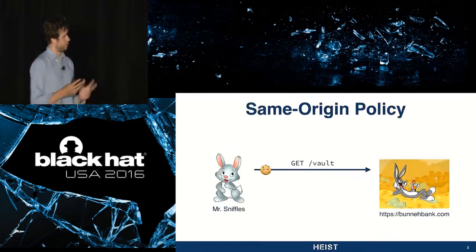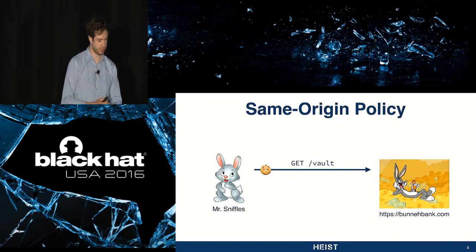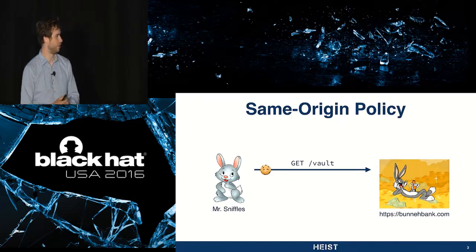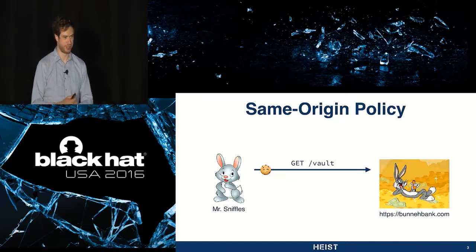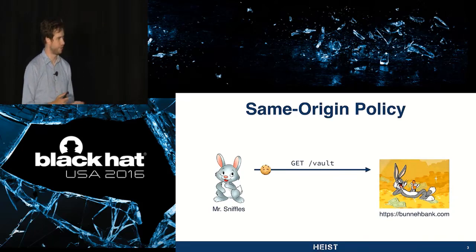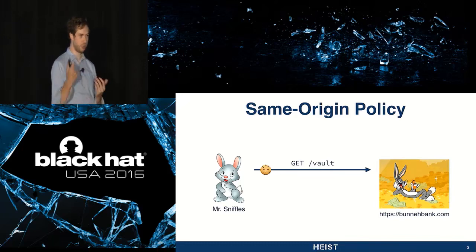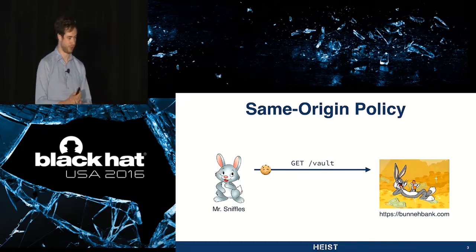So before I go into what the same origin policy exactly means, let's look at this very simple example. On your left, you have Mr. Sniffles, which is your average web user. And Mr. Sniffles goes to his bank, bunnybank.com, and he wants to access his vault.